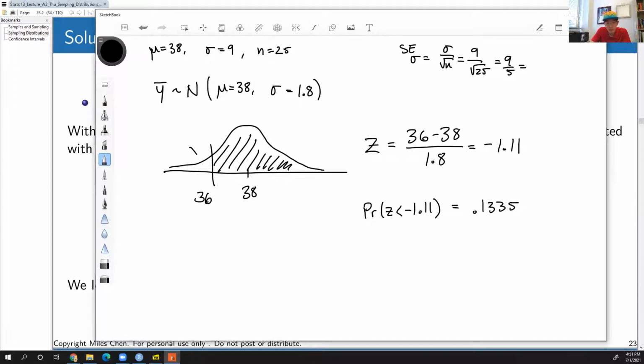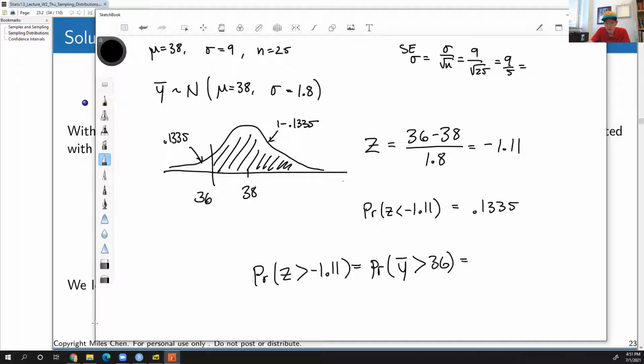The table always gives us the area to the left. So we want the area to the right, which is 1 minus that. The probability that z is greater than negative 1.11, which is the probability that y bar is greater than 36, is 1 minus 0.1335, which is 0.8665. That should be our answer.